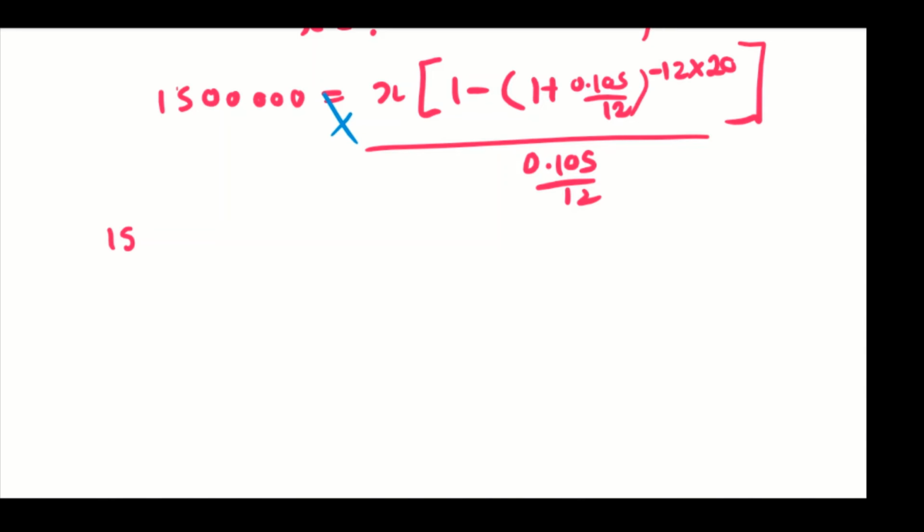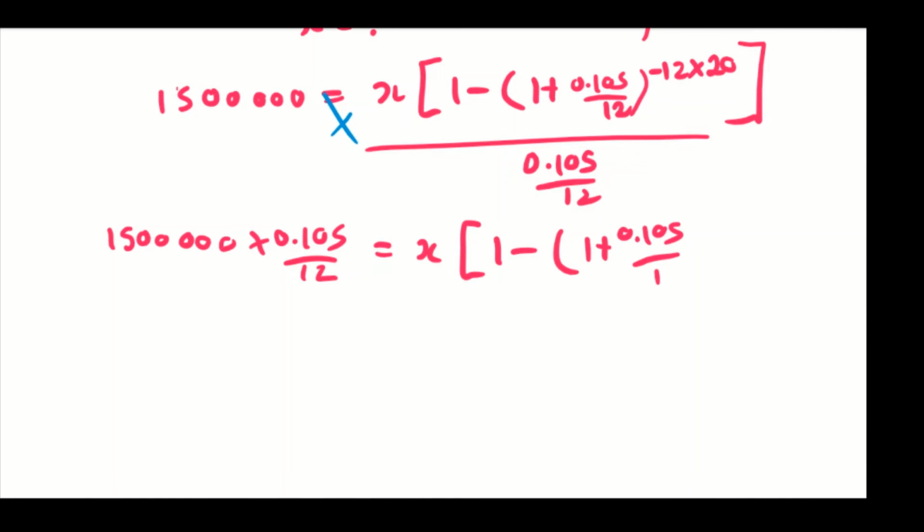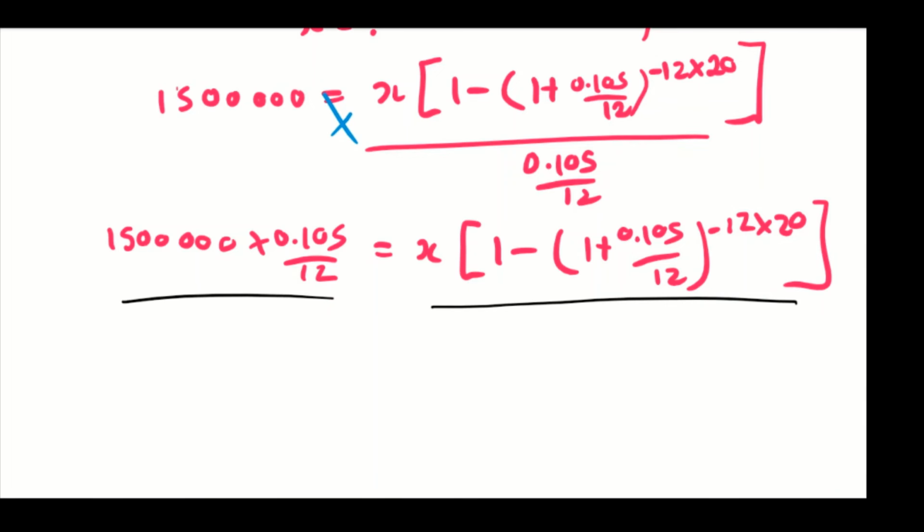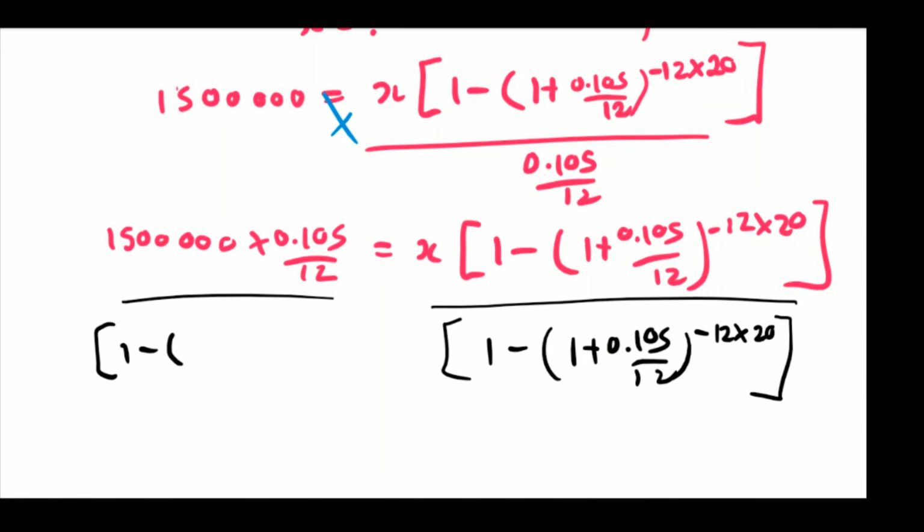So you're going to have 1,500,000 times 0.105 over 12, is equal to x into 1 minus 1 plus 0.105 over 12 to the power of minus 12 times 20, and then we divide both sides by this huge expression, 1 minus 1 plus 0.105 over 12 to the power of minus 12 times 20, right?